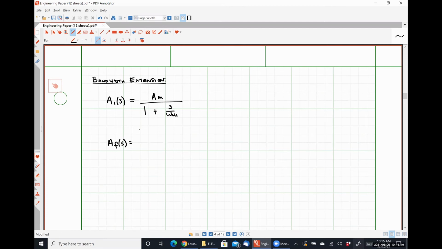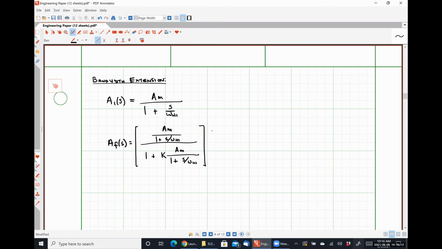We would have in our denominator 1 plus our feedback factor K times AM divided by 1 plus S over omega high. And in our numerator, we would just have AM divided by 1 plus S over omega high.